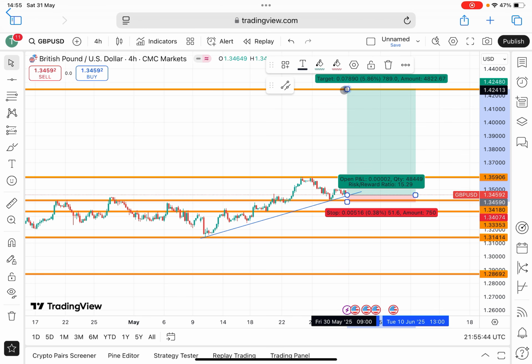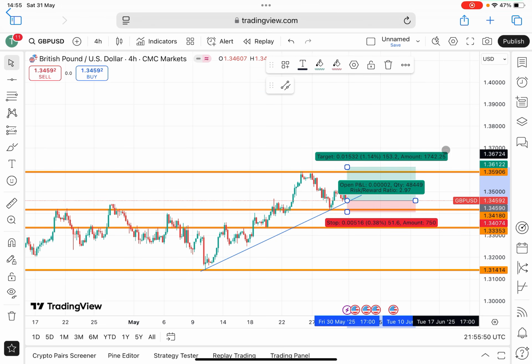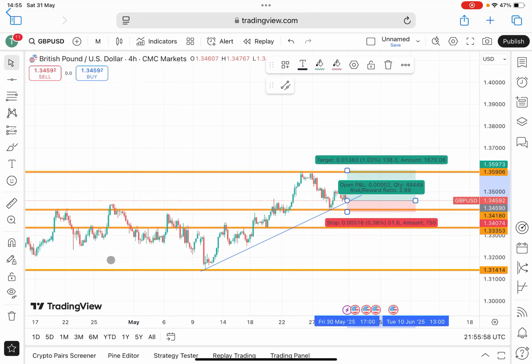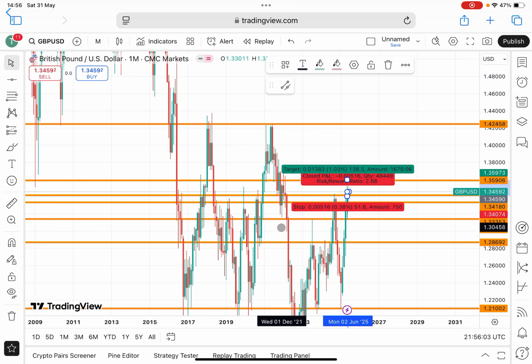But like I said, if you cannot hold to that level, you can be a day trader here. Because let's go back to the monthly. You can see how long markets took to get to that level before. Let's count the candles on the monthly. So this is the current market price.